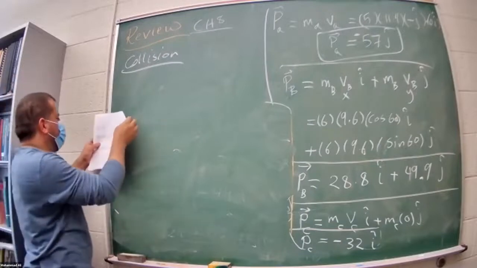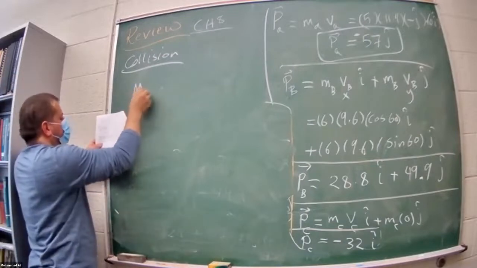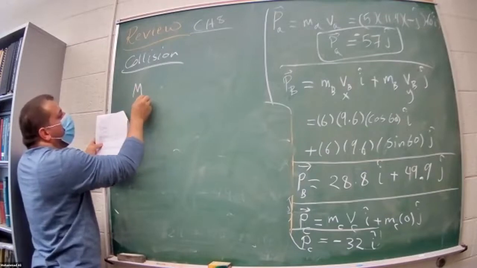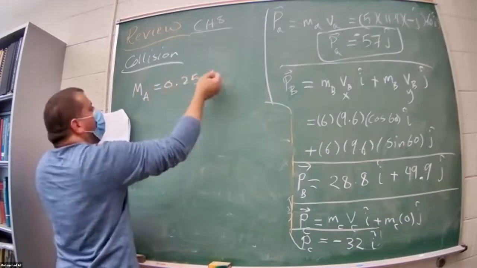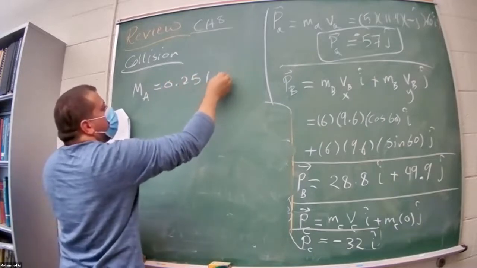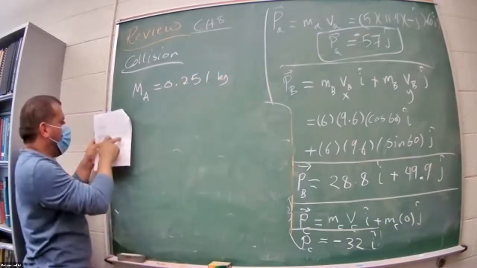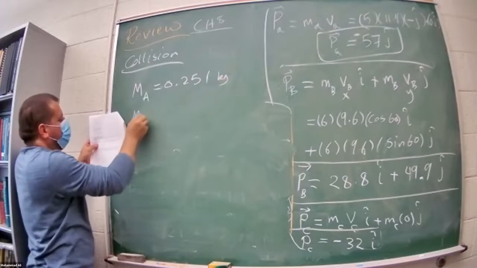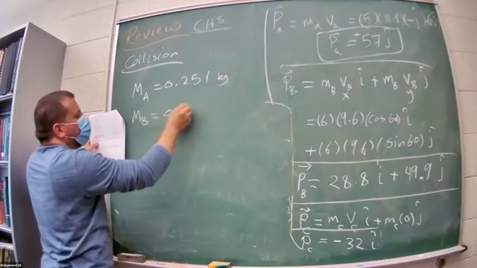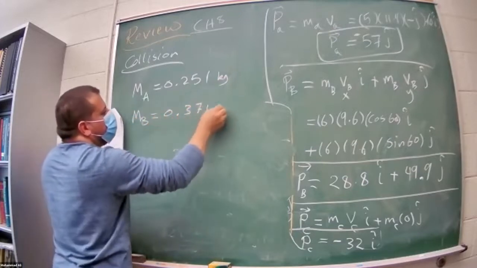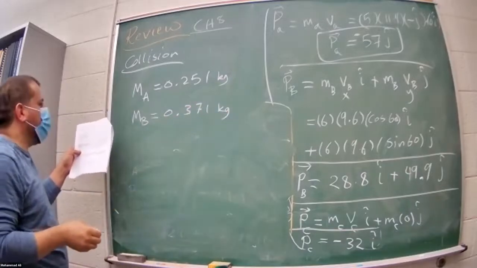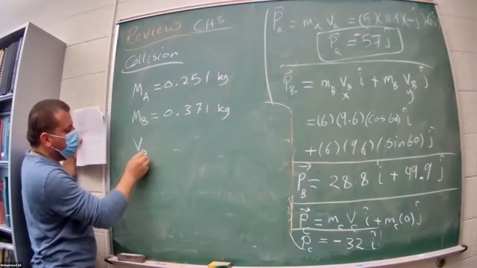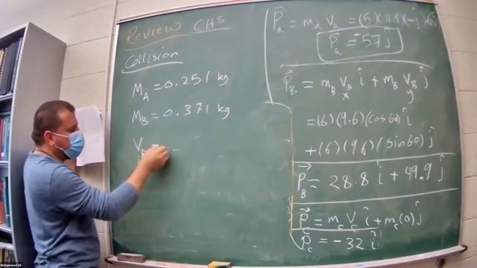If we have a puck with mass MA equal to 0.251 kilogram, and another, MB, equal to 0.371 kilogram, which is initially at rest. VB initially is 0.